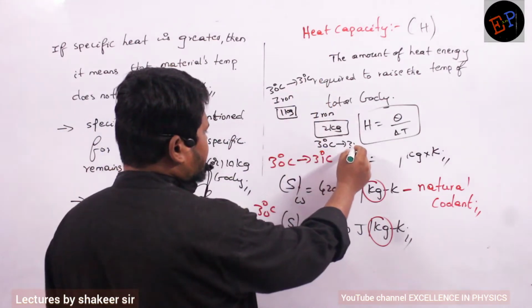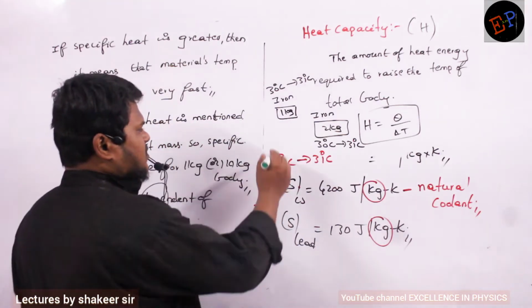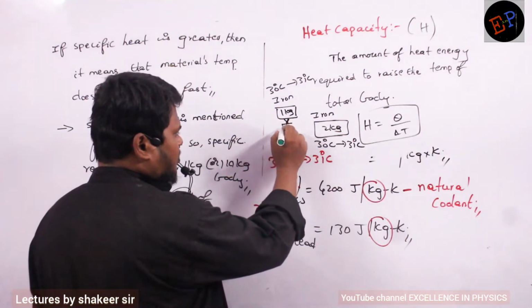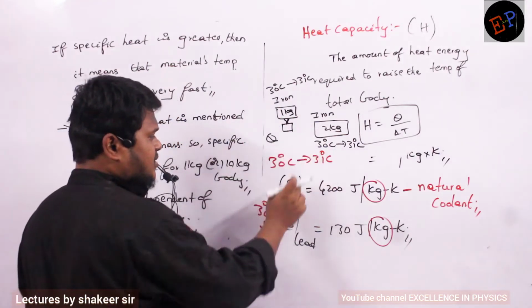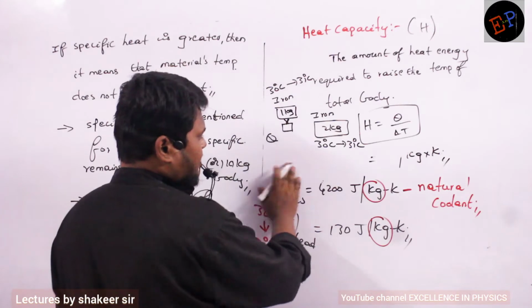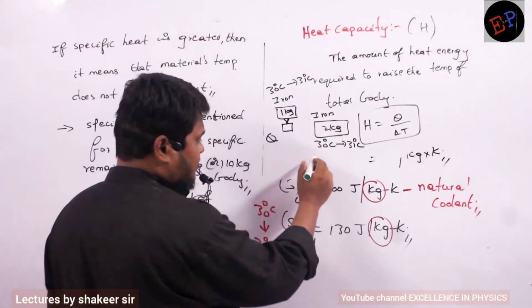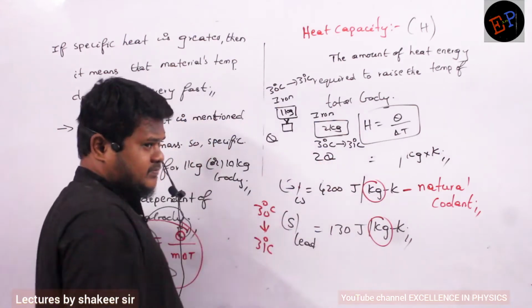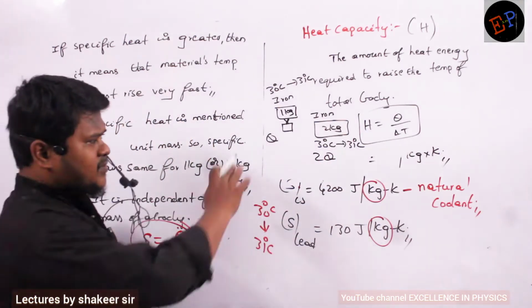This also I want to raise from 30 to 31 degrees Celsius. Here I am supplying Q amount of heat energy for the 1 kg body. Then how much energy do I have to supply here? Total energy. Here I have to supply 2Q amount of heat energy. Double energy I have to supply, no? Why? Because mass is double.